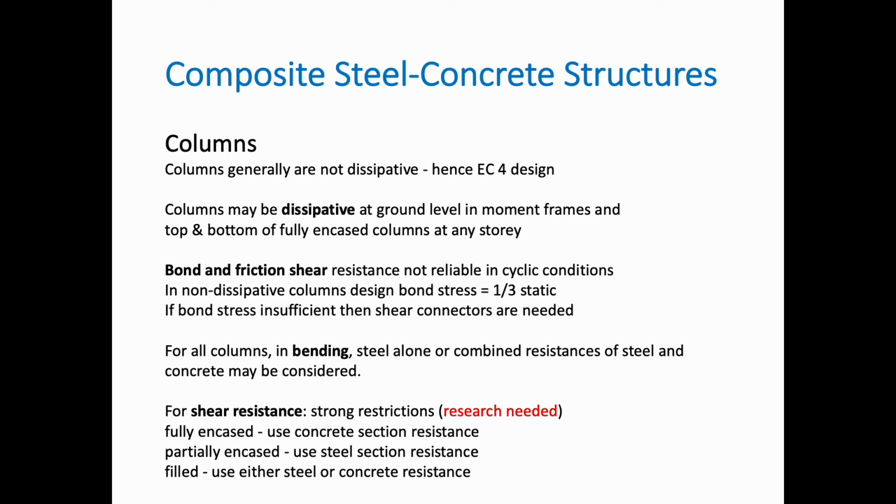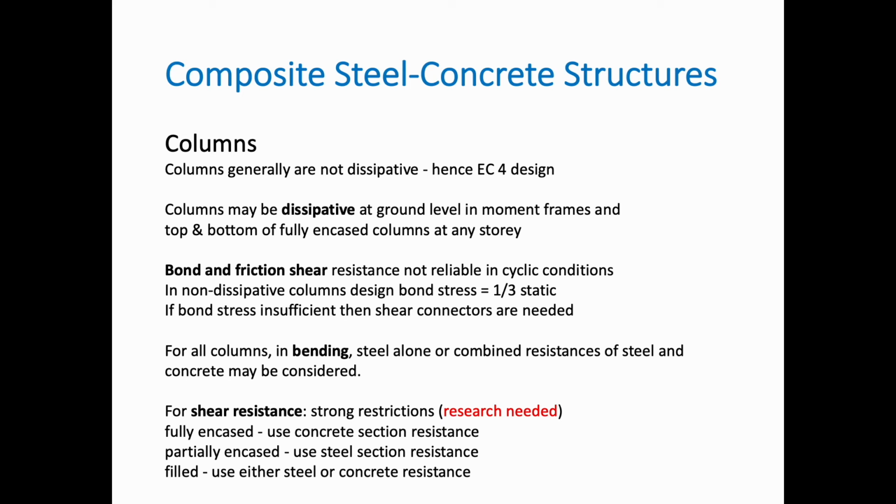Now, for all columns in bending, we either design them as steel alone, or combined resistances of concrete and steel may be considered. When it comes to the shear, there is very limited research, so more research is required. At the moment, when we have fully encased members, we use the concrete section resistance for the shear.